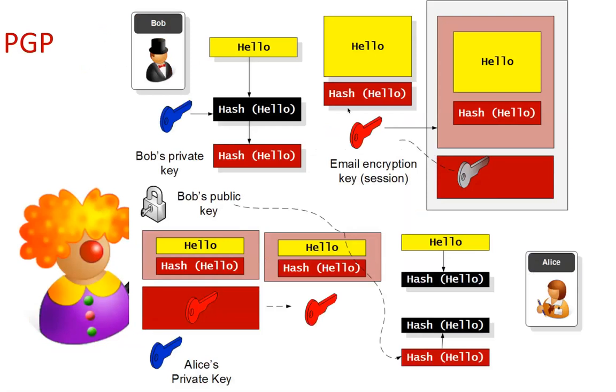Finally, we can use this method within PGP, or pretty good privacy. And this is an email system that allows Bob to authenticate themselves to Alice, and then for Bob to send Alice an email that is encrypted.